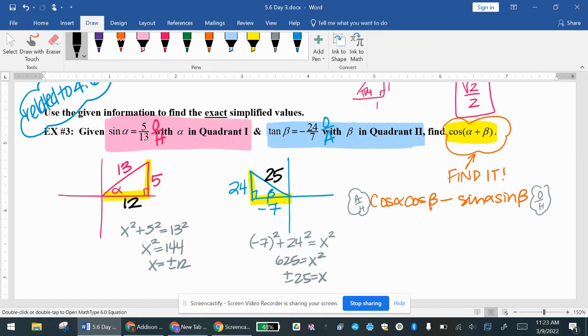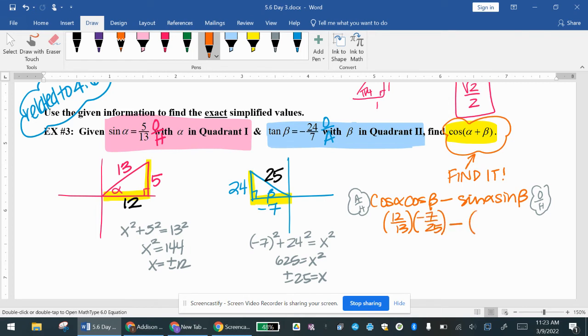Now remember, they're asking us for cosine of alpha, which is a ratio. So cosine of alpha is adjacent over hypotenuse, so that's 12 over 13. Then they want the cosine of beta, which is negative 7 over 25.